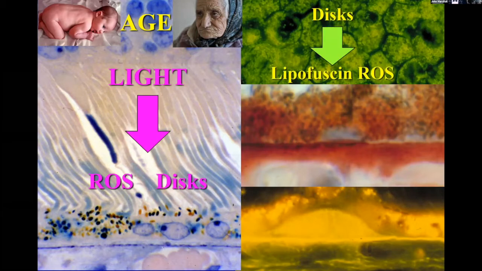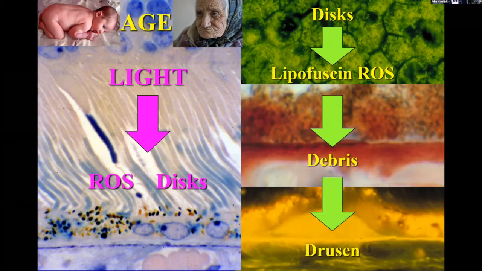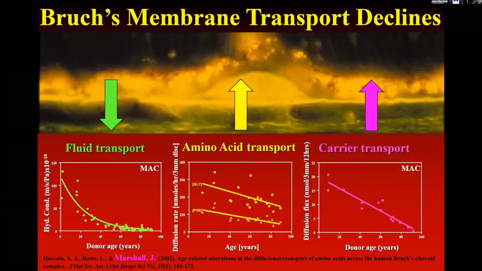Then we see a build-up of waste products within Bruch's membrane. And unfortunately, in many individuals, this is sufficient that we see subretinal debris in the form of drusen, which displace the overlying pigment epithelium.